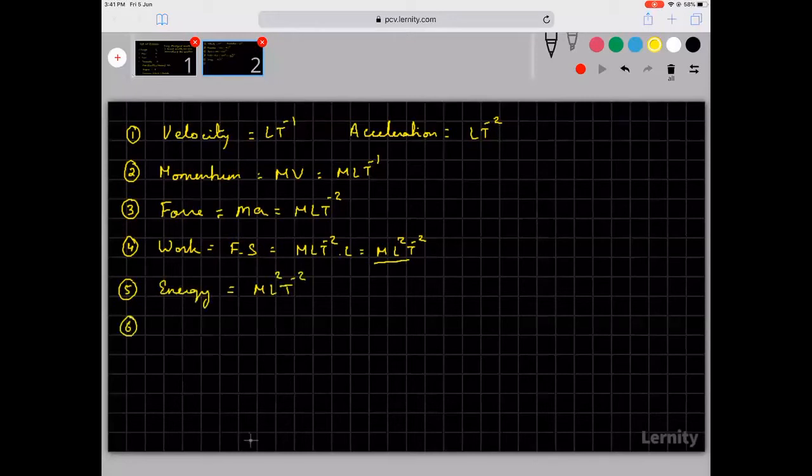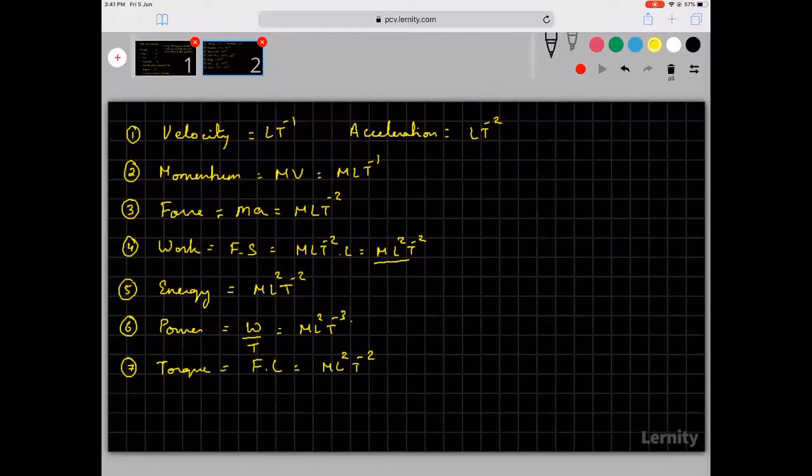Then power. Power is the rate of doing work, so that is work by time. So that will become M L square T power minus 3. Then torque. Torque is equal to force into distance, so it will become M L square T power minus 2.